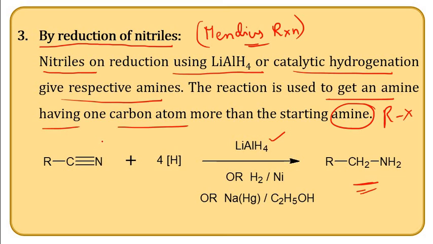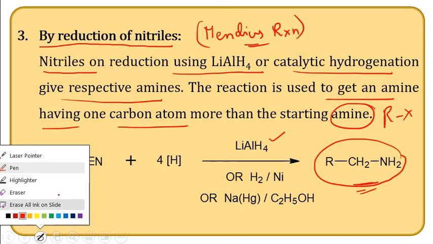Do remember, whenever they ask you to convert alkyl nitriles into amines, the carbon number in the alkyl nitrile is the same as in the product. But if you start with alkyl halide, converted into alkyl nitriles, then the amine obtained will have one carbon more than the starting alkyl halide or alcohol. That is the third important method.